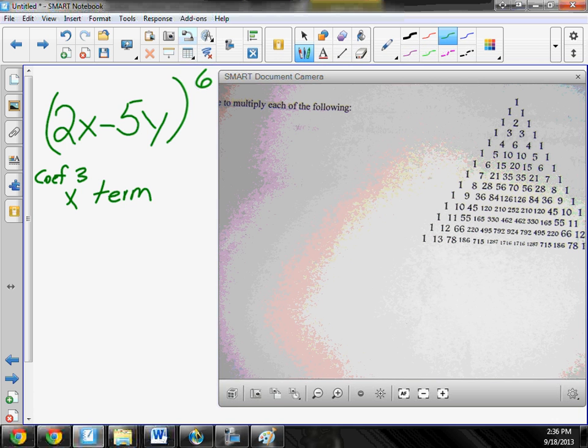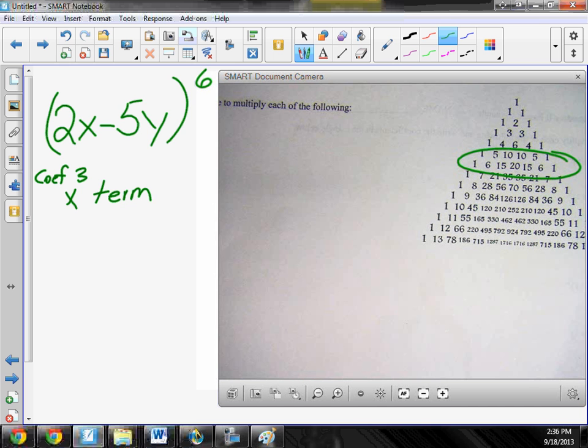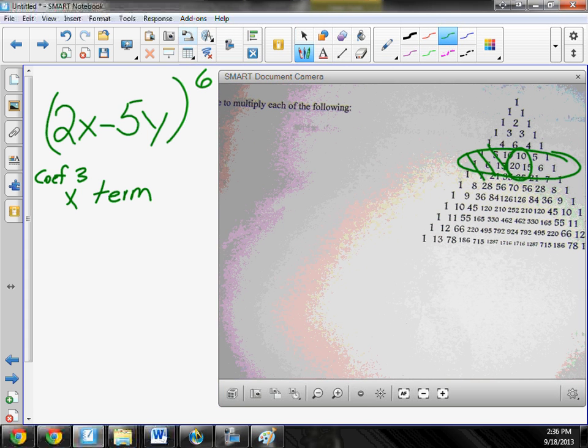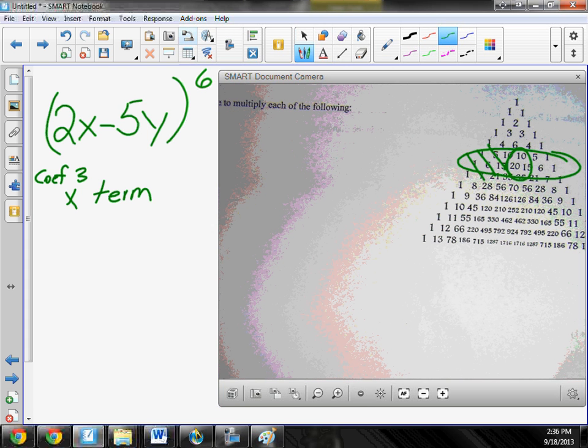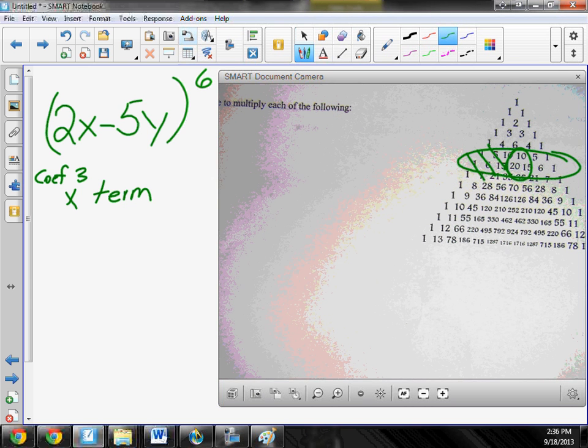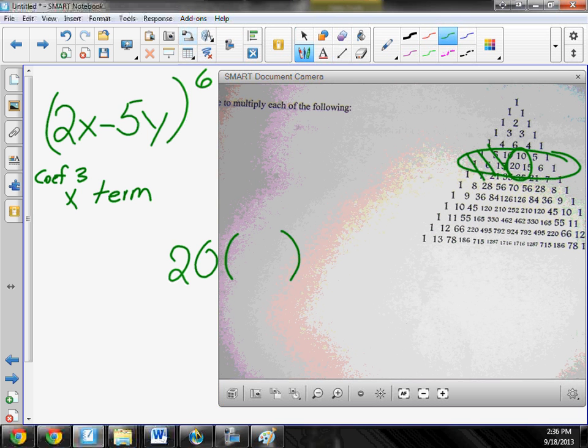So which term is that? How far in do we have to go before we hit x to the 3rd? So let's look. We're on the x to the 6th row. So this would be x to the 6th, x to the 5th, x to the 4th. This is the term we're looking for. It's not just 20 because there are other numbers, right? So it's 20. How many 2x's are there?